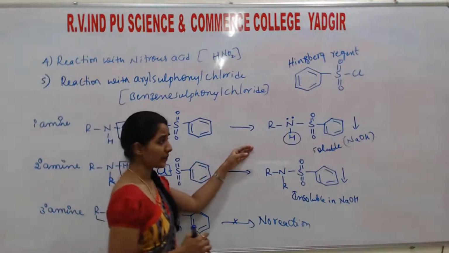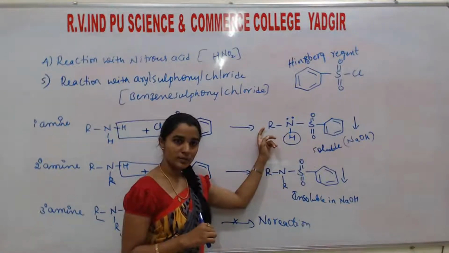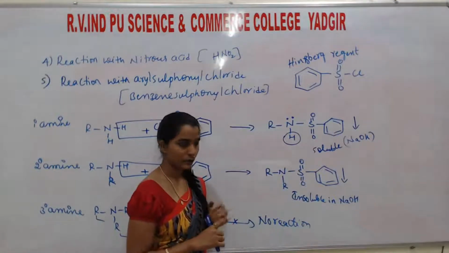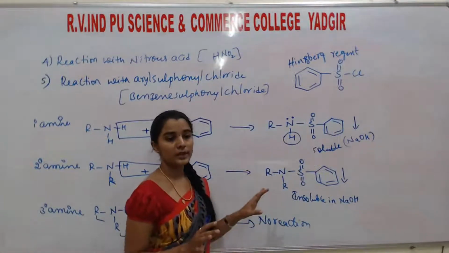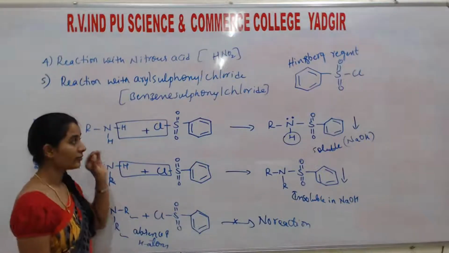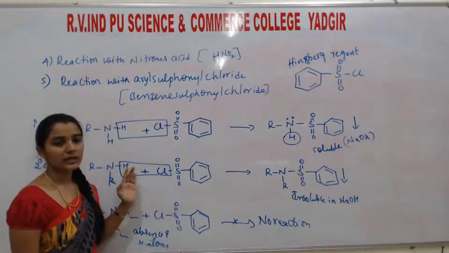That white color precipitate, upon adding NaOH, if it is soluble, then it is primary amine. If it is insoluble, then it is secondary amine. If no precipitate is formed, then it is tertiary amine. This is one of the best methods to distinguish primary, secondary, and tertiary amine.